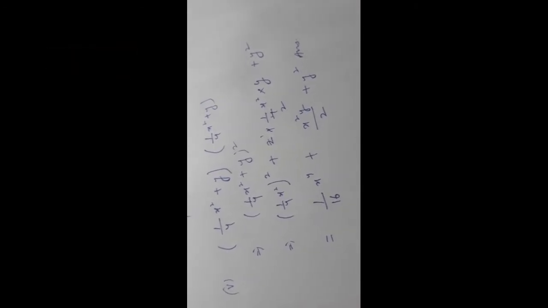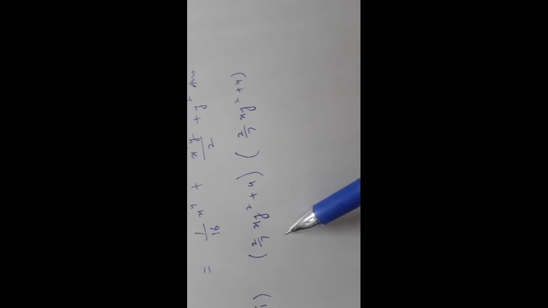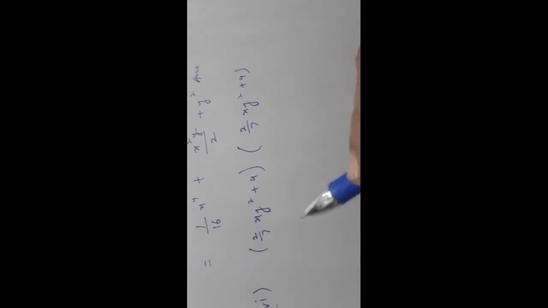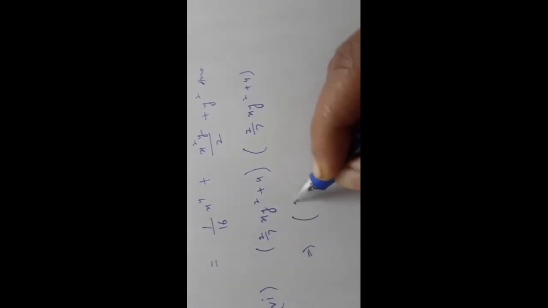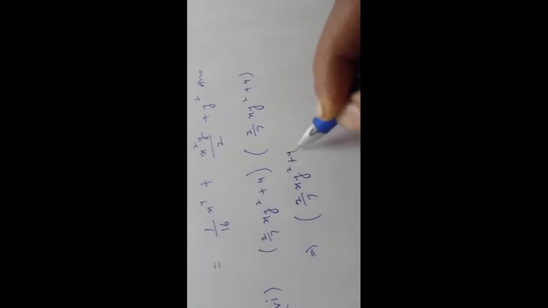Now let's move to the last part of question number 1. The last part is 2 by 7 xy square plus 4, 2 by 7 xy square plus 4. How would we get the solution of it? 2 by 7 xy square plus 4 raised to the power 2.